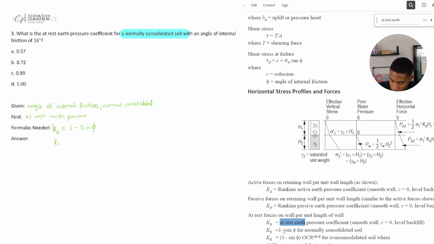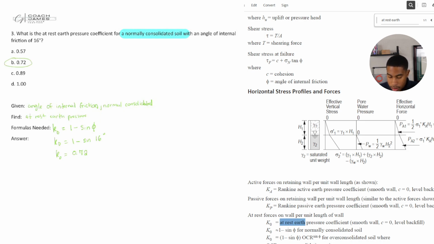And so K0 is equal to 1 minus the sine of 16 degrees. 16 is my phi, or my angle of internal friction. And when I solve for that, I end up getting K0 is equal to 0.72 roughly.